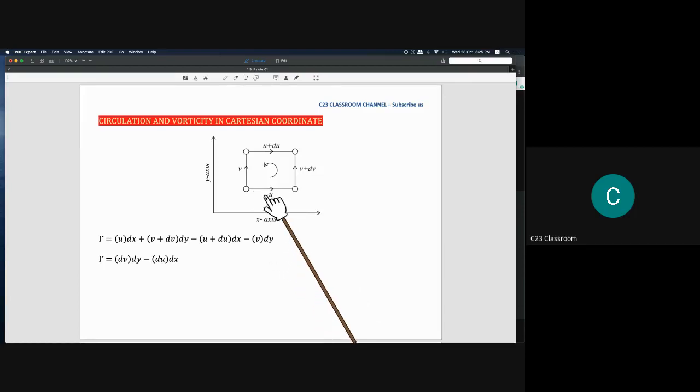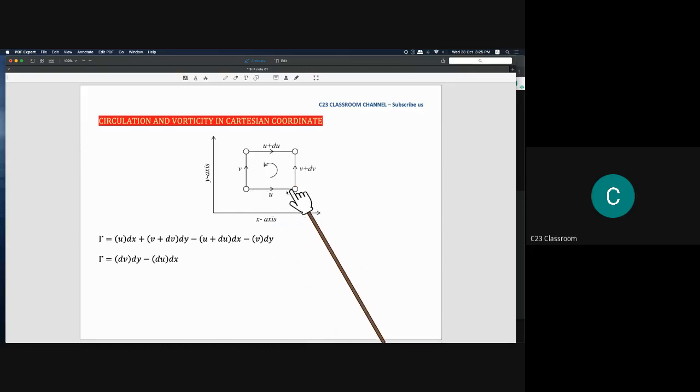Then gamma is the total force that pushes this molecule to move from here to here, go around and come back to the original location. So we calculate all the gamma along its path.